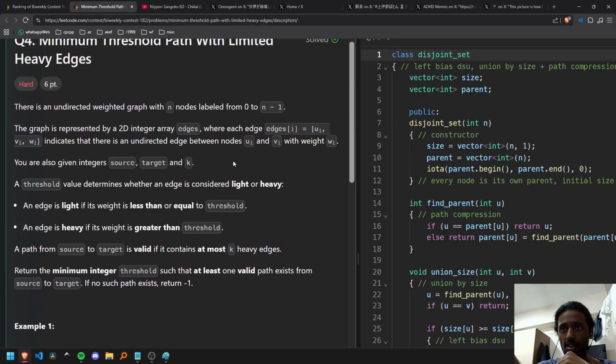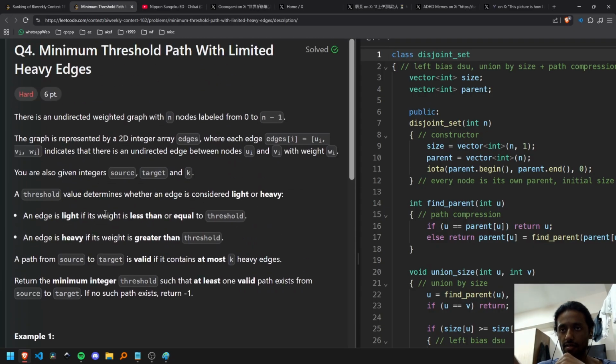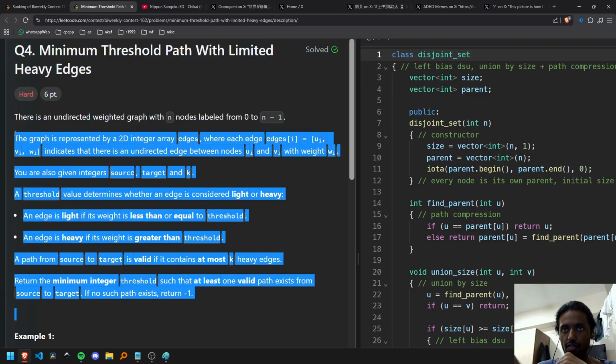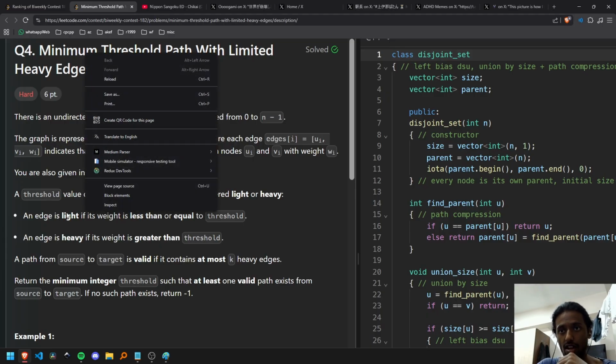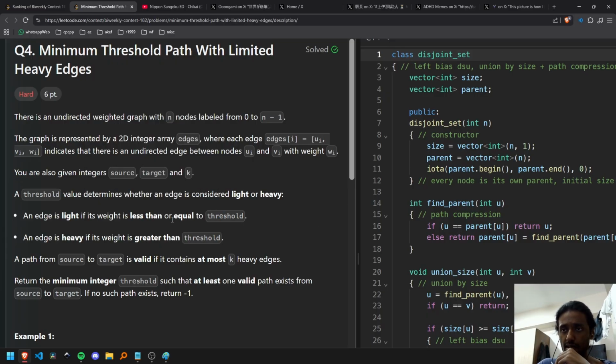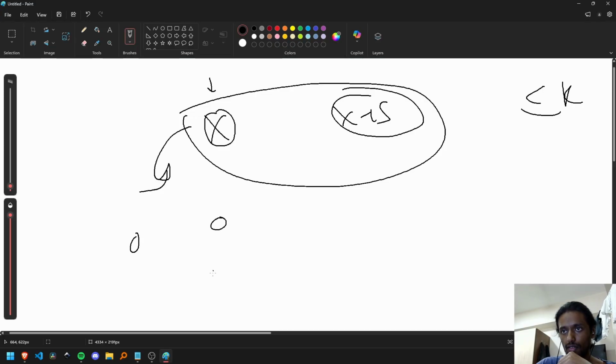My implementation was this only. What I did was, and I'll let you know of a better implementation after this, I assumed some threshold, some limit or some x, right? Let x be the current threshold. Now if an edge is light, that means less than or equal to the threshold, we can always take it. It won't contribute to the k anyways, so we can just take it. So let's say we have some graph here.